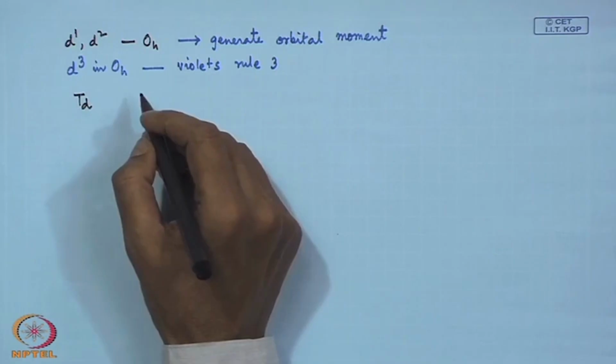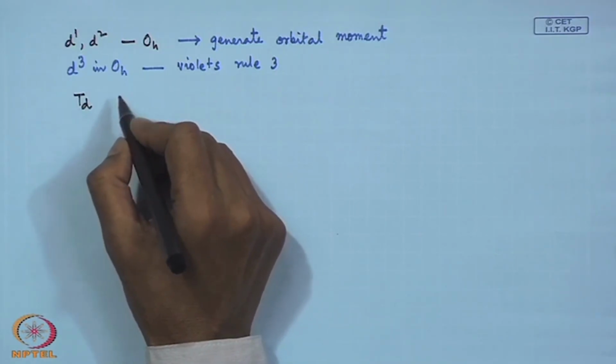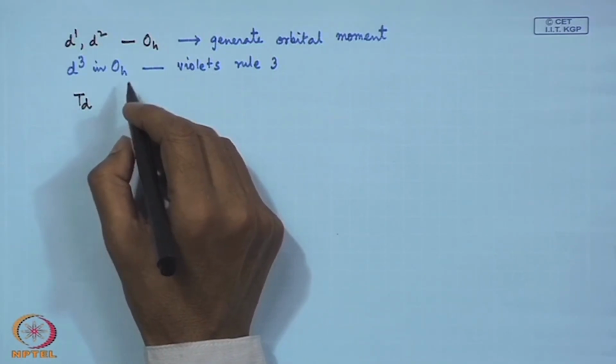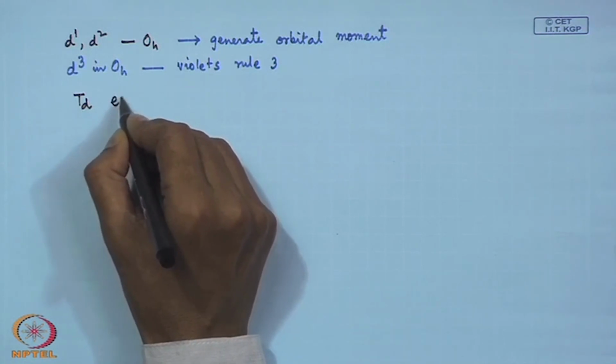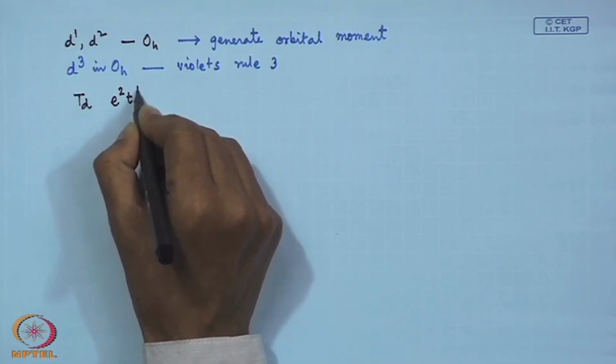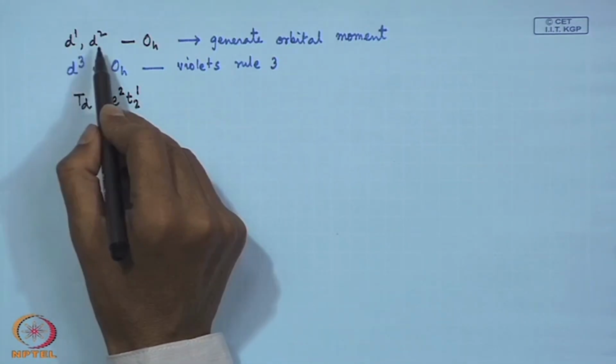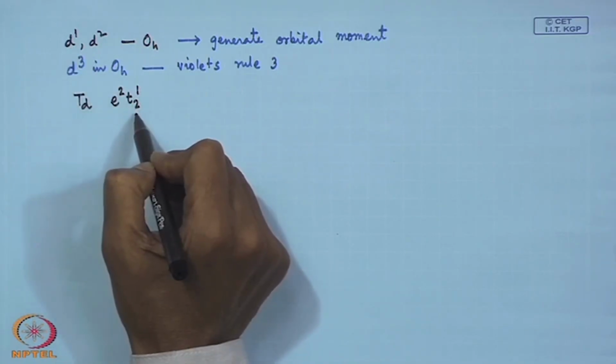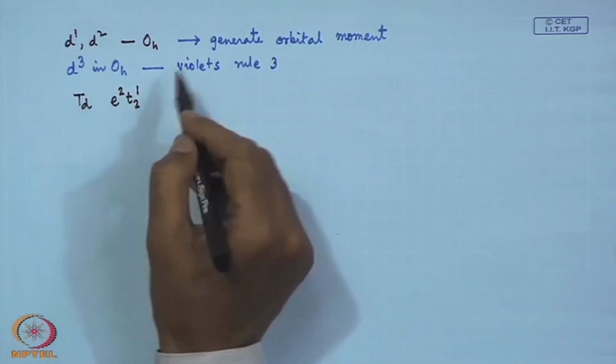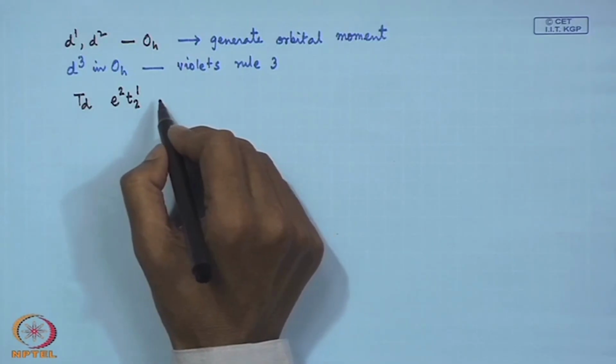The most common geometry we are talking about all the time is the tetrahedral geometry. With a d3 electronic configuration, we have E2 and T2 1 electron configuration. Since like this d1 system, we now have a T2 1 system. So, it will have then the corresponding orbital contribution.